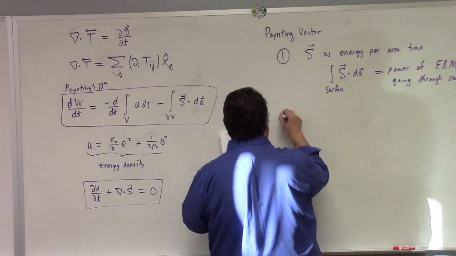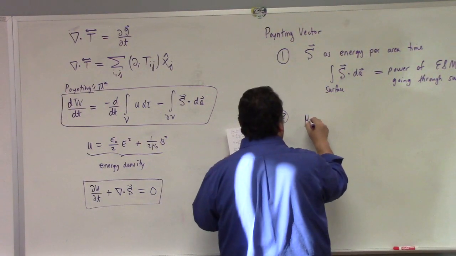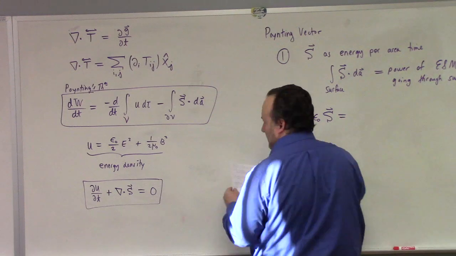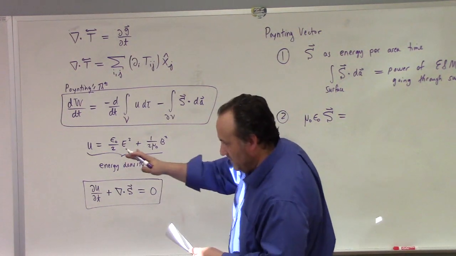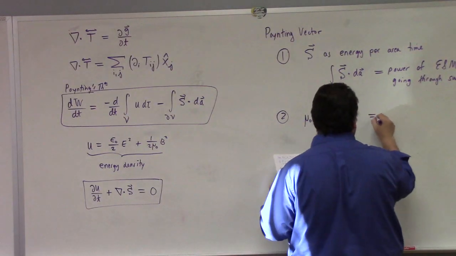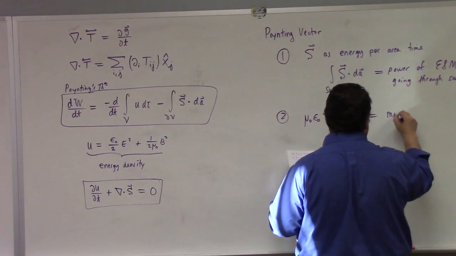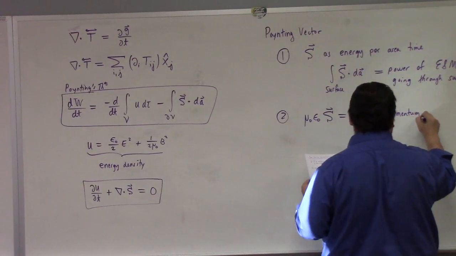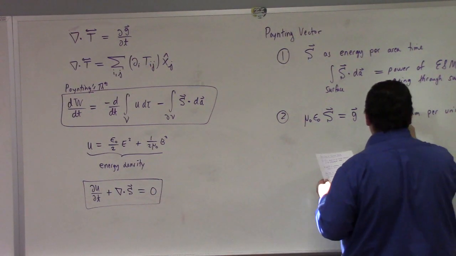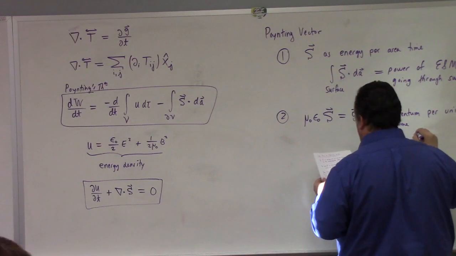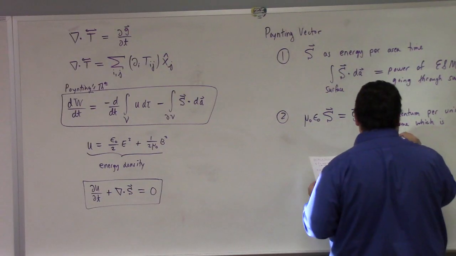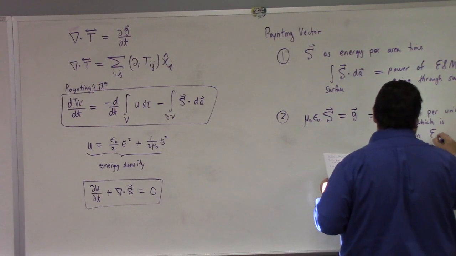Or number two, we can think about mu naught epsilon naught S, which was what we called G over there, as equal to the momentum per unit volume, right, which is stored in the electromagnetic field.